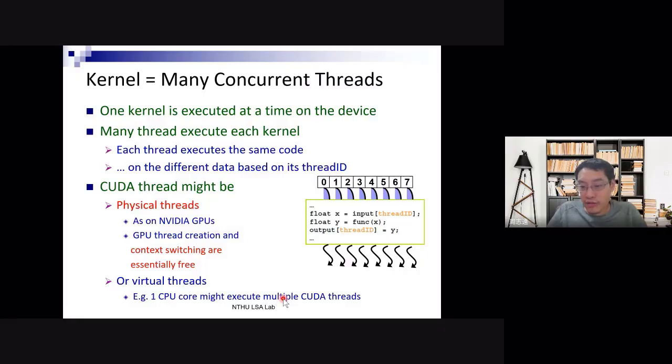But on a GPU, context switches happen a lot more frequently, because if you remember, the number of GPU cores is usually much fewer than the number of threads you can concurrently run on a GPU. Those threads usually share the same core during execution, so they context switch very frequently.